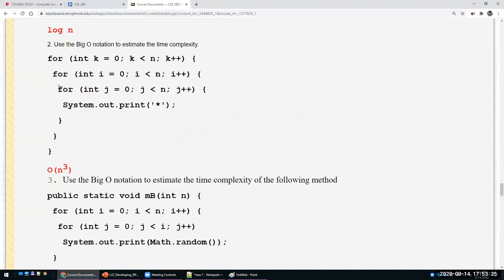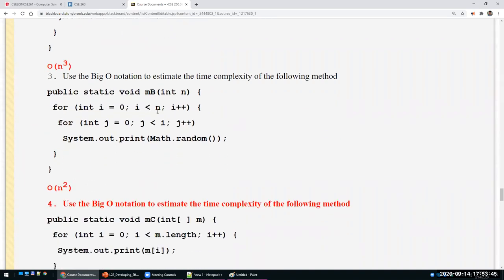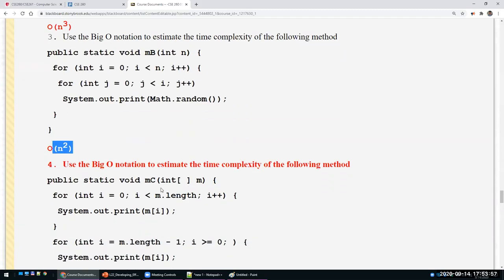So we execute n times for every i, n squared times for every k, and n cubed times in total. So it's a cubic algorithm, n to the power 3. Then what's the time complexity of this algorithm where the inner loop iterates up to i instead of n? We actually saw that it is quadratic, n to the power 2.